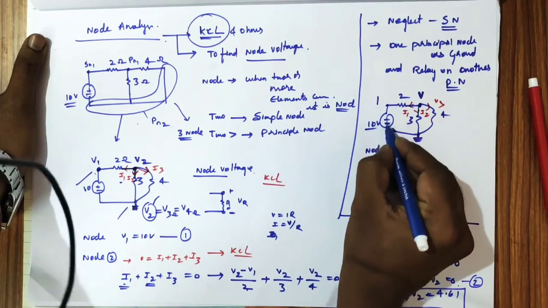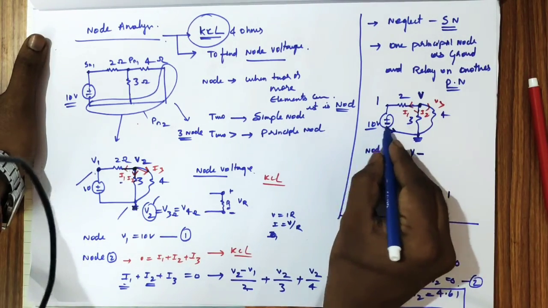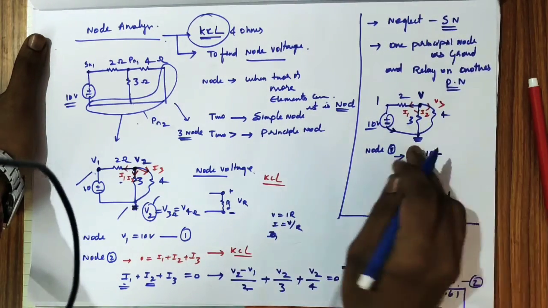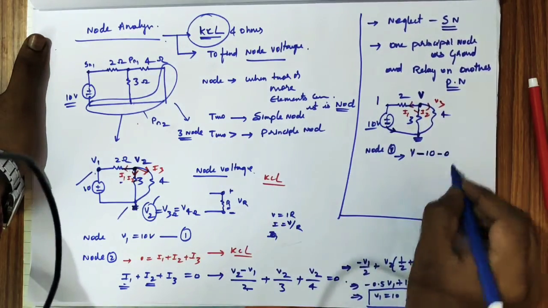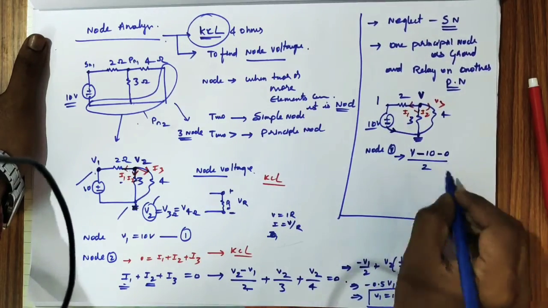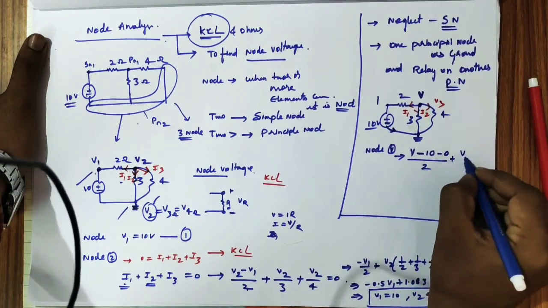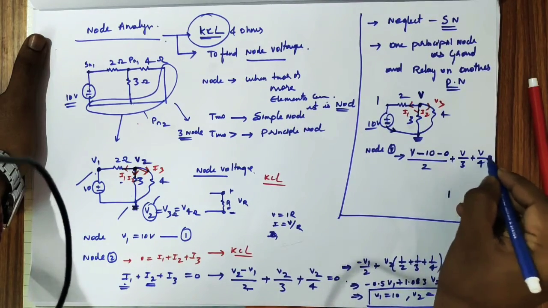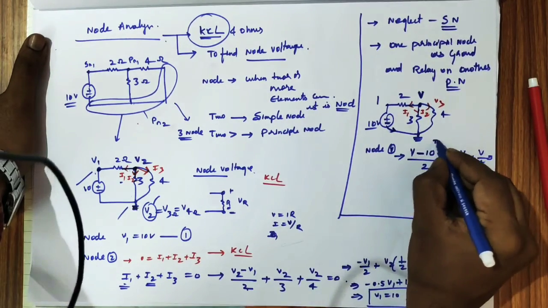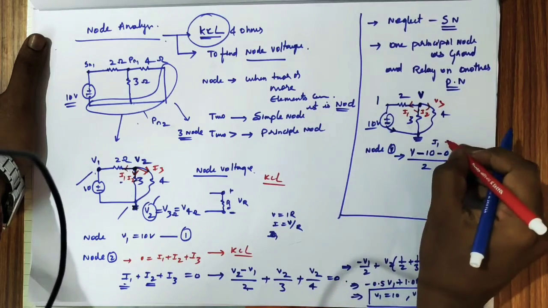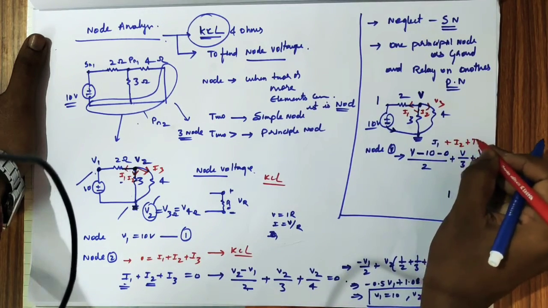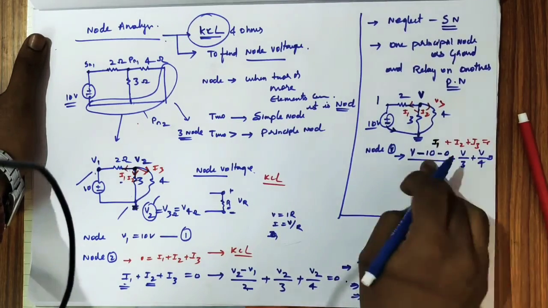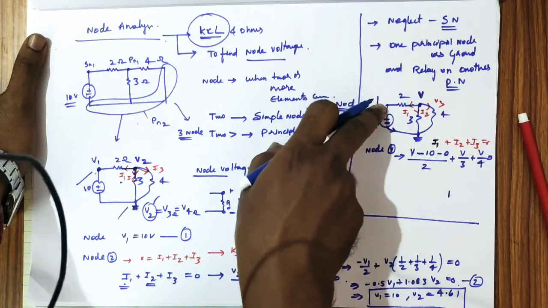This I1 current is flowing out of the minus terminal, so we need to keep minus 10 here, minus ground voltage 0, divided by 2, plus V/3 plus V/4. This is I1 current plus I2 current plus I3 current. So we are using KCL, but we just neglect the simple node.